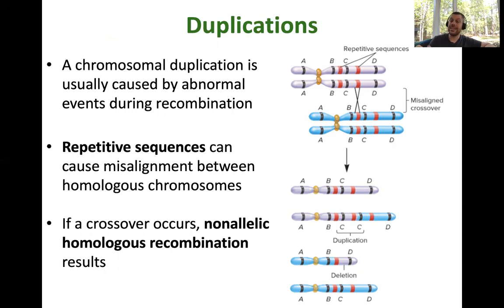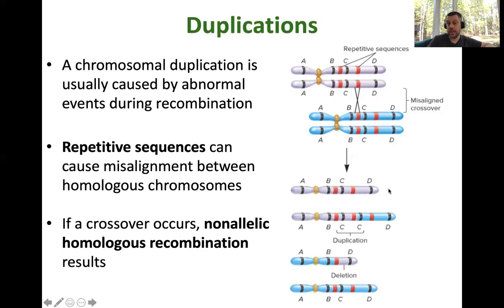In this case, that's not happening, and you can see that they are misaligned because these repetitive sequences have lined up to the wrong repetitive sequences on the other chromosome. Now, when this crossover happens, you can see what's going to occur, right? You're going to get this large part of this blue chromosome containing C and D swapped with the end of this chromosome, which just contains part D.